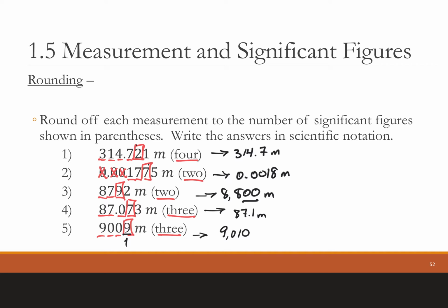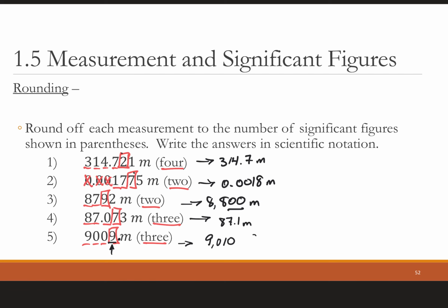Because this is a whole number, the decimal could be right there. You have to keep the 0 here. If you put a decimal in, then that would have 4 sig figs like we started with, and that would be wrong, so leave it off. And now that has 3 sig figs and is correct.